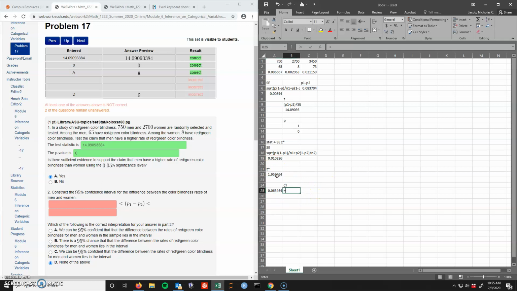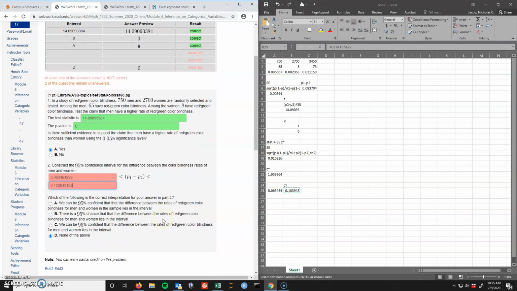And my upper bound will be the statistic plus the SE times my Z star. And so I have these two, and I'm just copying and pasting here. And then I need to evaluate this part.